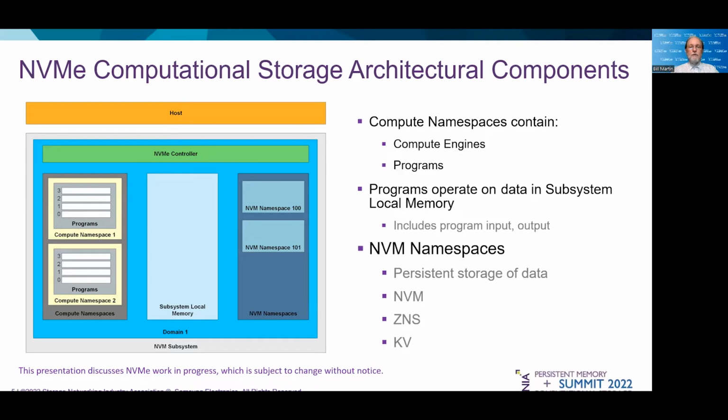The programs that are stored in each compute namespace are able to operate on data in what is called the subsystem local memory. This includes program input and program output. It can also be used as scratchpad memory if need be, or if defined by a particular program.